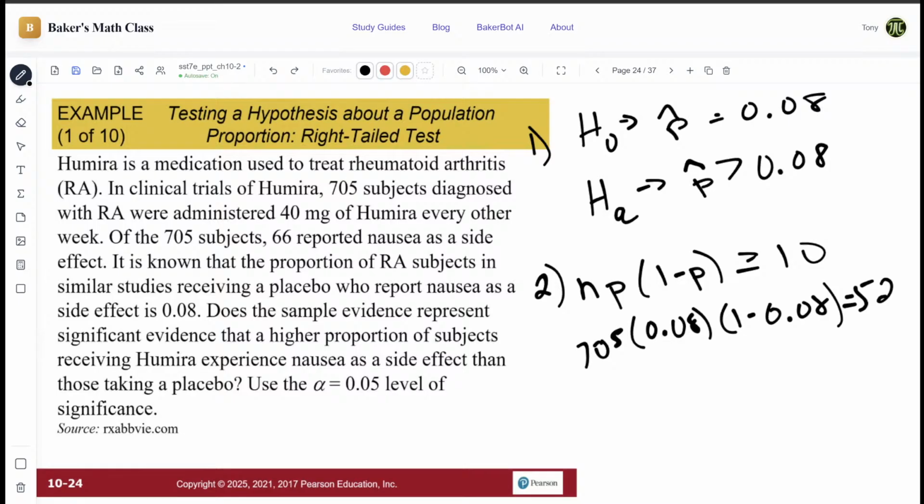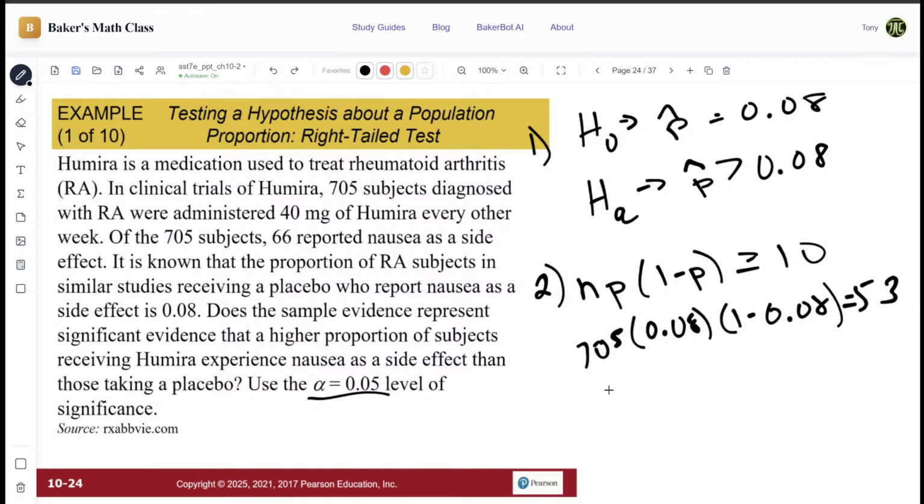All right. My significance level is 0.05. Is this going to be a one-tailed or two-tailed test? One-tailed. Right or left?